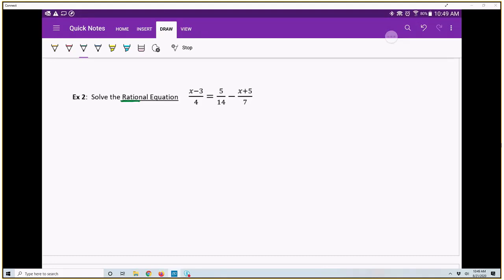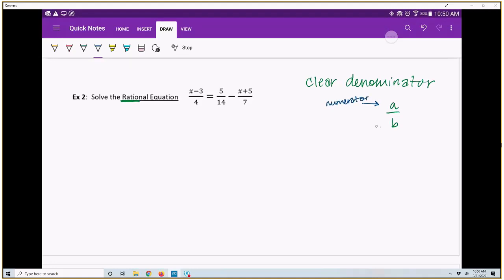Our best approach when we see something that looks like this, we want to clear the denominator. So when I'm talking about a fraction that looks like, say, a over b, the number on top, or the expression on top, is called the numerator.